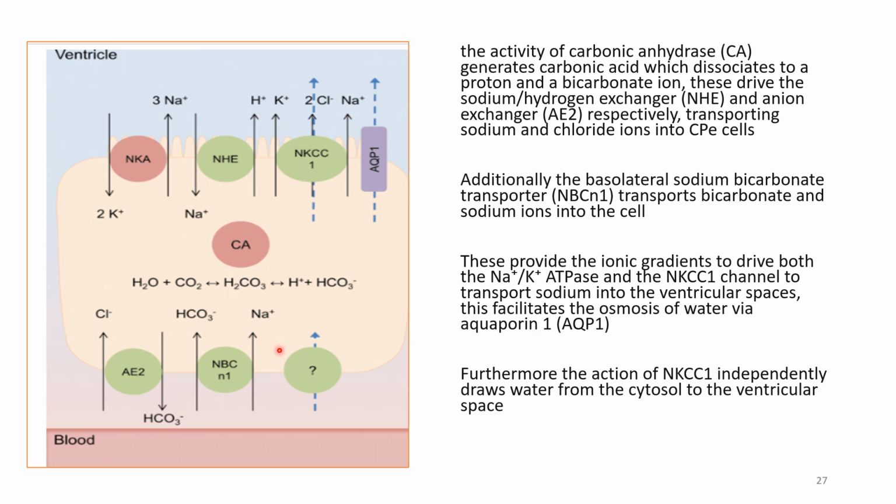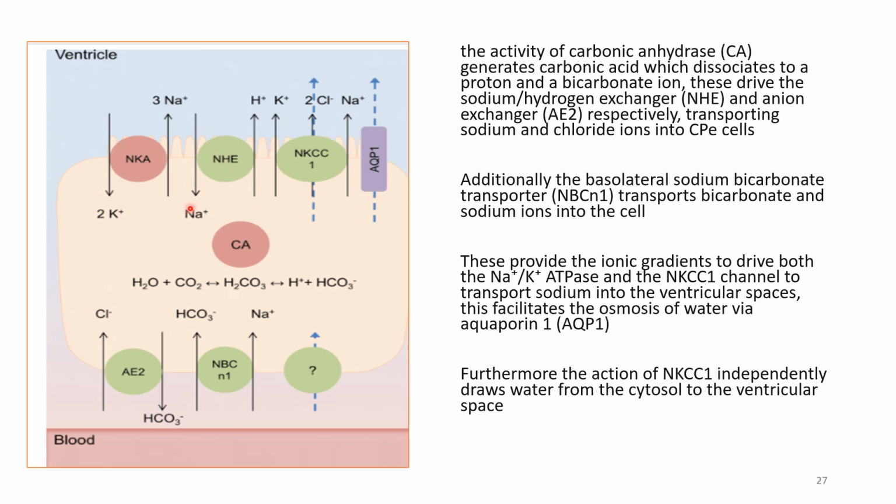These will act as a driving force to the sodium hydrogen exchanger, which is present in the apical membrane. This is the apical membrane towards the ventricle. This is the basolateral membrane towards the capillary. So these two will give the driving force to the NHE, that is sodium hydrogen exchanger, present on the apical membrane, which exchanges sodium with H+.